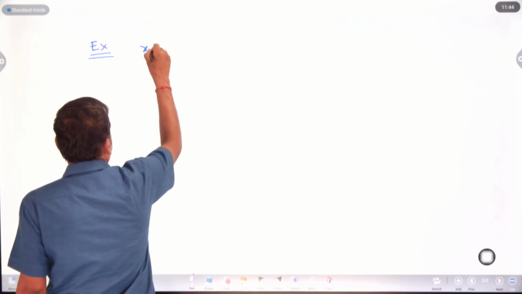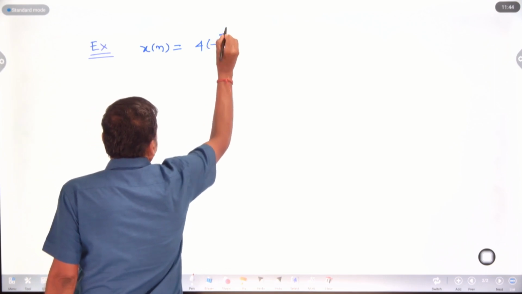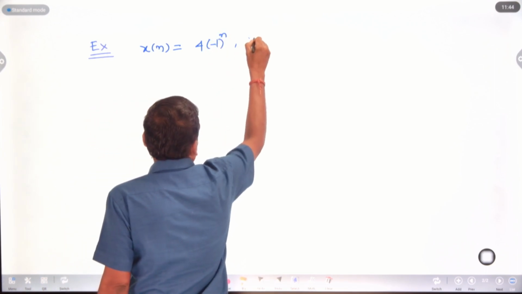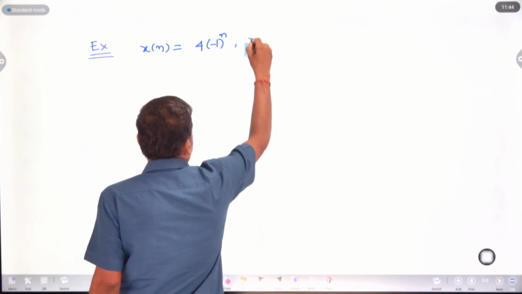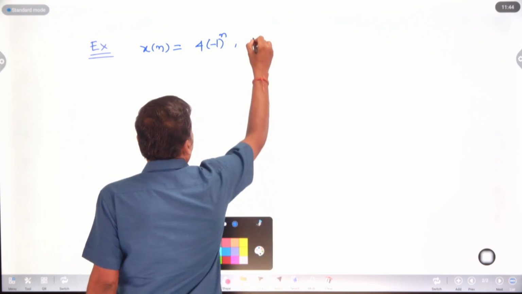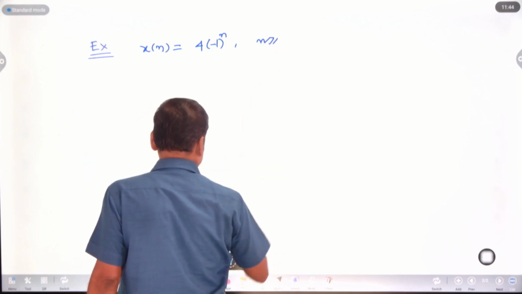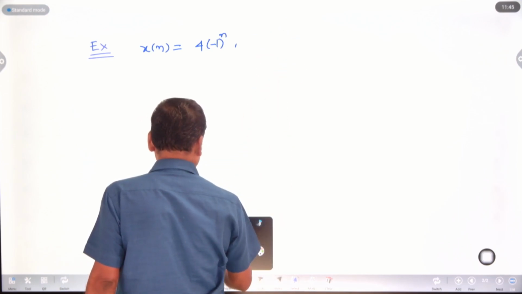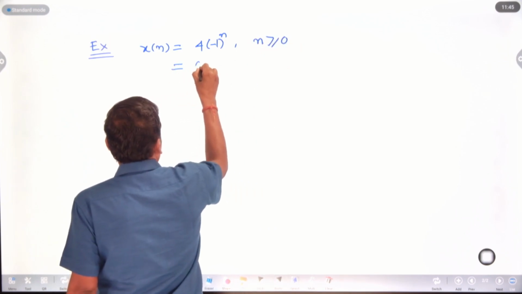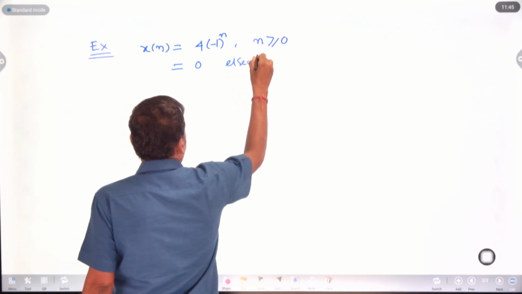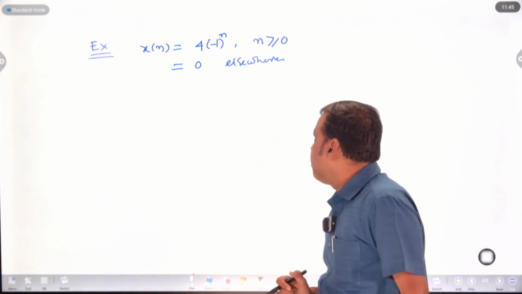Suppose x of n equal to 4 into minus 1 to the power n, with the condition n greater than or equal to 0, and 0 elsewhere. We have to find out whether the discrete signal is an energy or a power signal.